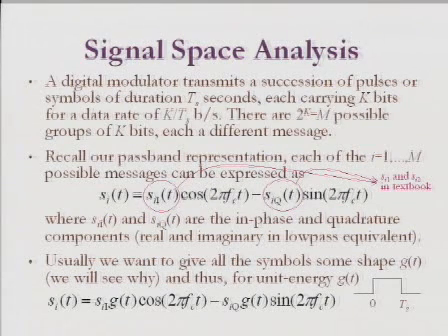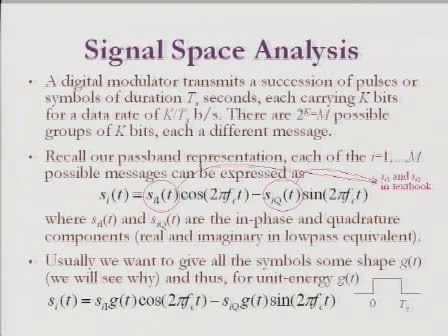Now, usually we want to give all the symbols some shape, g(t), and we will see why towards the end of the lecture. And so we're going to have some g(t), typically unit power, unit energy, I'm sorry. And so this S_i(t) is going to be this g(t), which carries a shape, times a coefficient S_i in-phase.